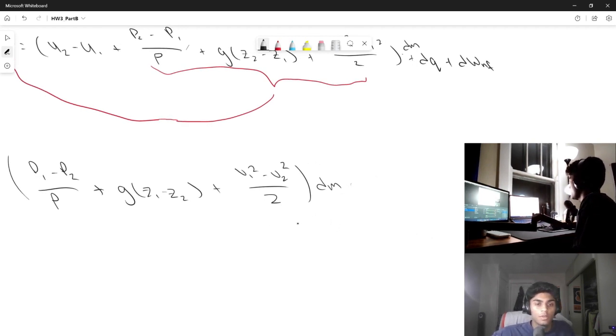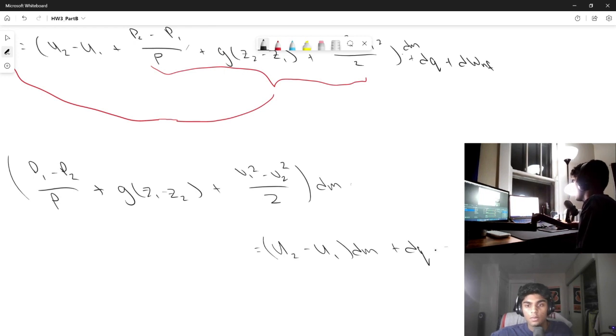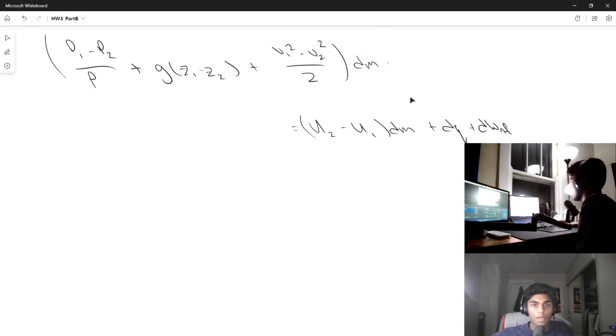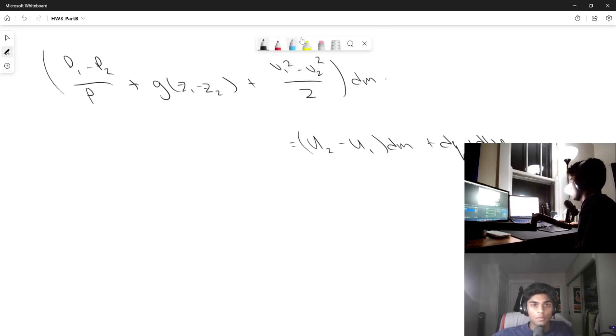And this is going to be equal to our internal energy, U2 minus U1, times differential mass, plus differential heat plus differential non-flow work. We can make a couple of simplifications here, most notably, we can cancel out these differential mass terms and put these over differential mass.